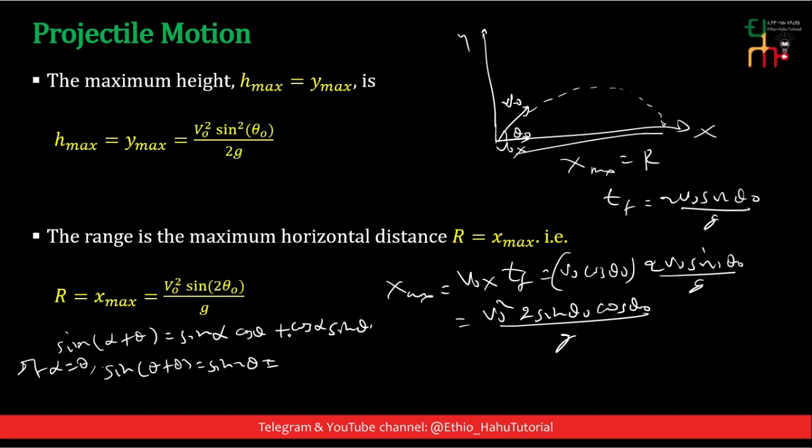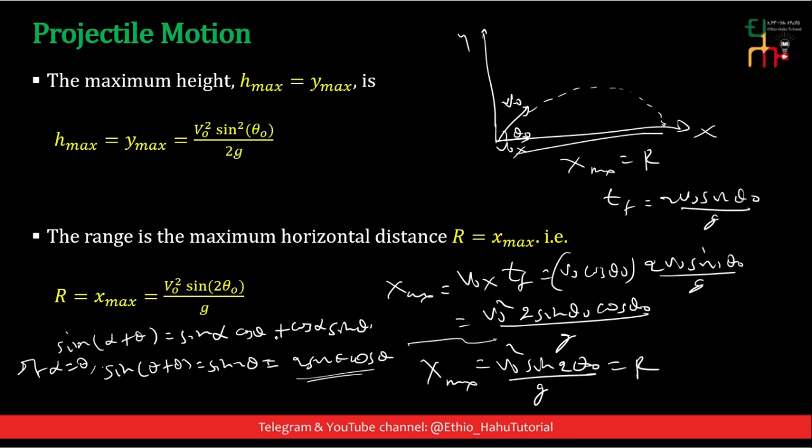Therefore, sine theta cos theta plus sine theta cos theta is 2 sine theta cos theta. Therefore, 2 times sine theta naught cos theta naught is sine of 2 theta naught, so x max or range is v naught square sine of 2 theta naught divided by g. The range of a projectile is v naught square sine of 2 theta naught divided by g.